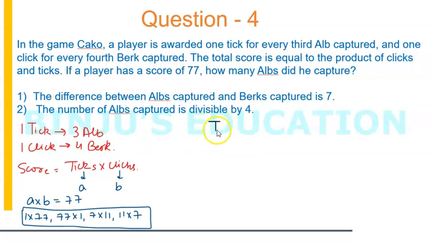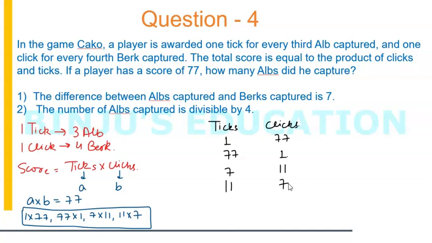If I write ticks and if I write clicks: 1 tick, 77 clicks; 77 ticks, 1 click; 7 ticks, 11 clicks; and 11 ticks and 7 clicks. These are the only 4 possibilities that we can have.